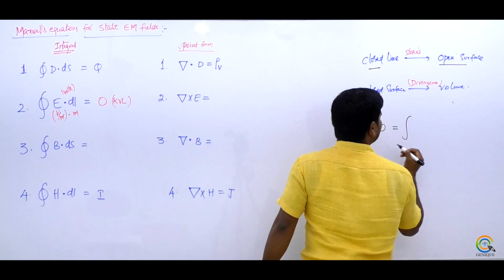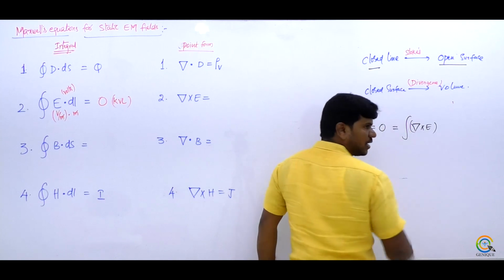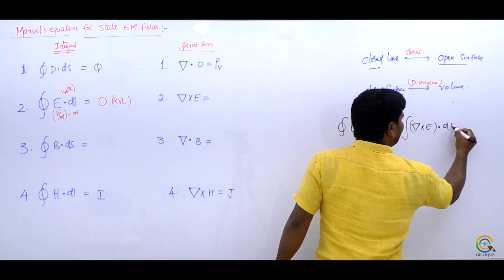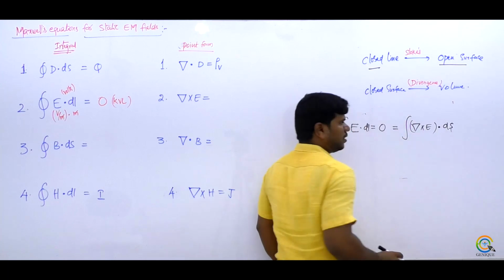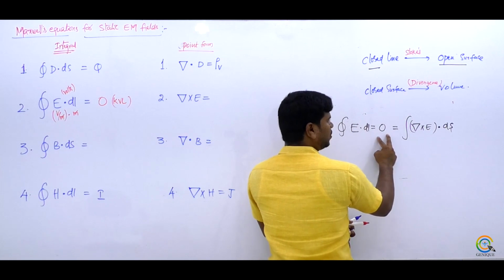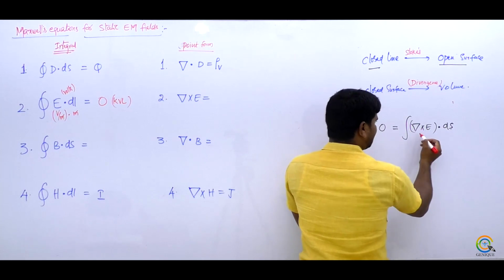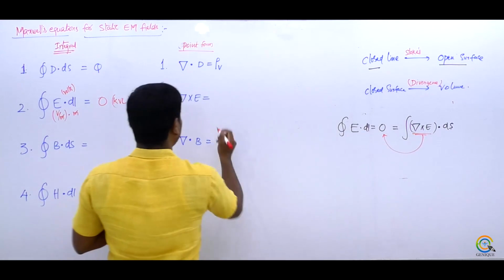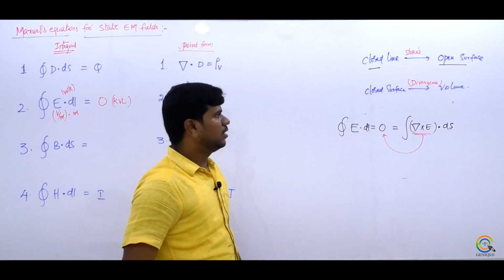I can write this open surface integral as del cross E dot ds. This is equal to 0, and the surface cannot be 0 here, so del cross E must be 0. So del cross E is 0.